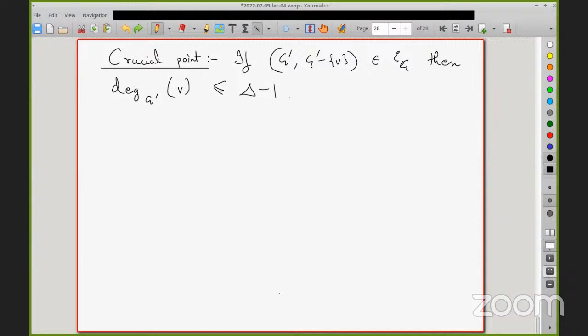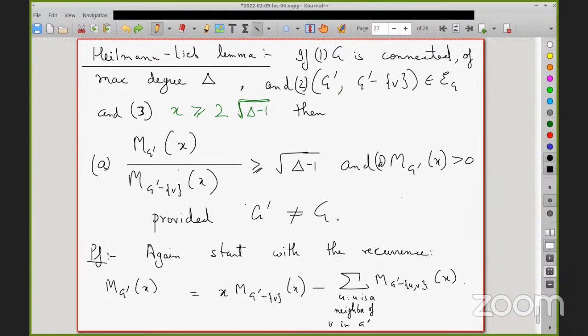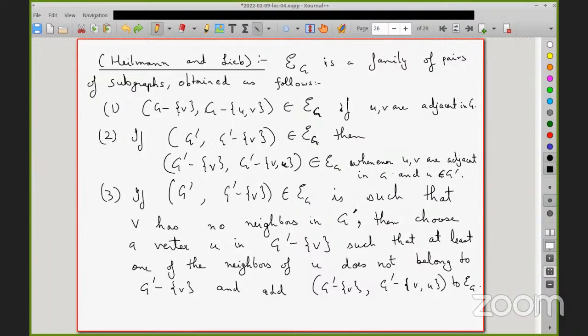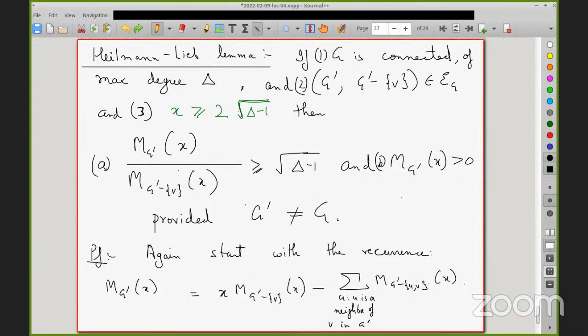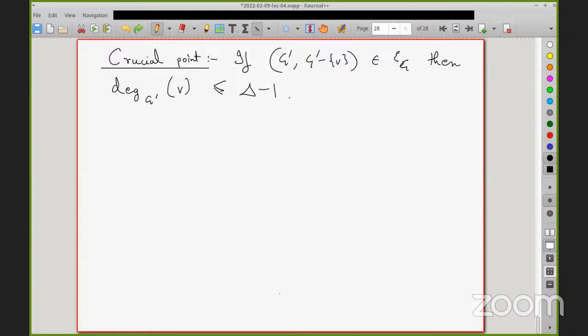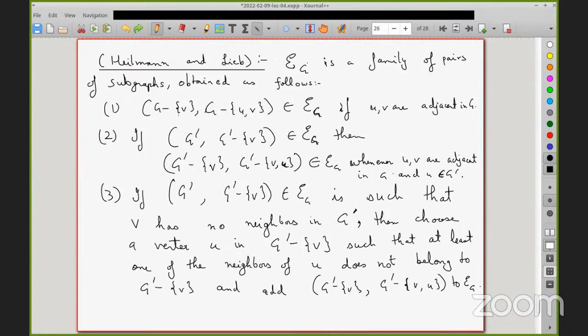I'm a bit confused. Sorry, go to the last page once more, please. So v was in G', right? Yes. But how are these things generated? Let's look at these pairs, the first one.